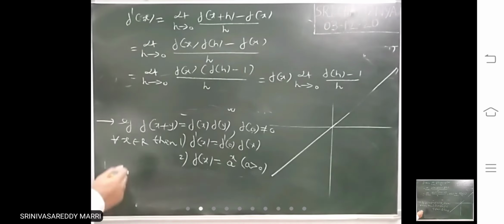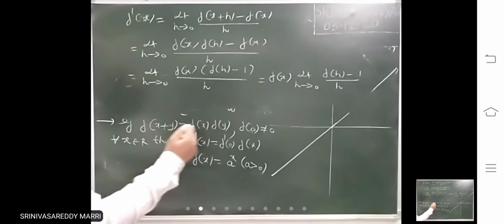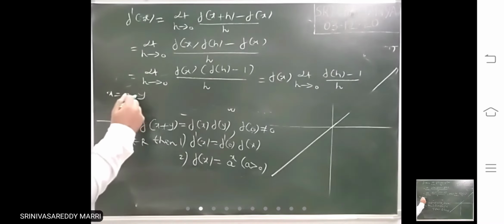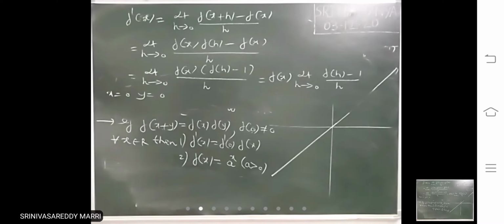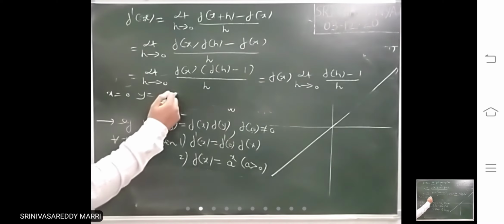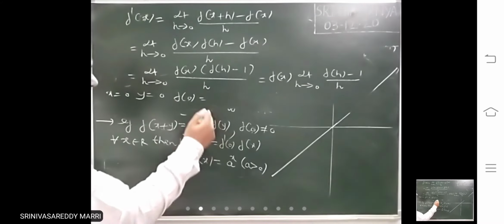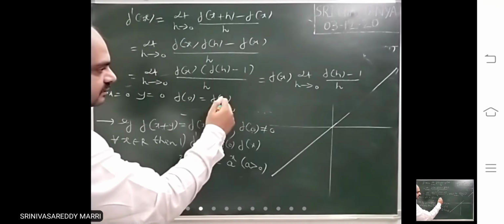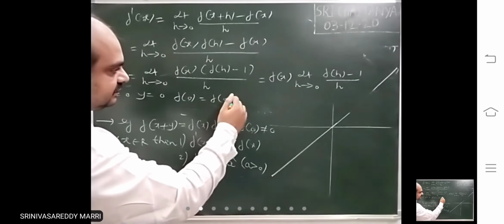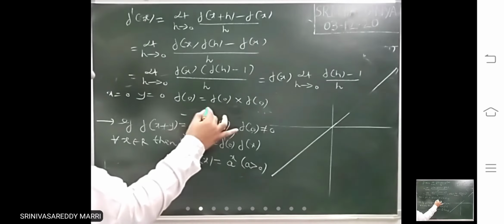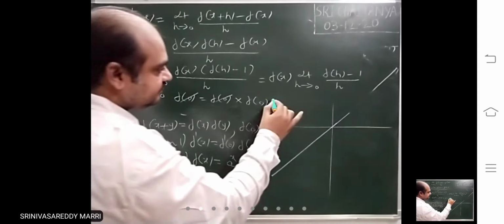Look at this. Now in the given equation, you substitute x equal to 0, y equal to 0 on both sides. That means you will get f of 0 equal to f of 0 into f of 0. That means f of 0 will get cancelled.